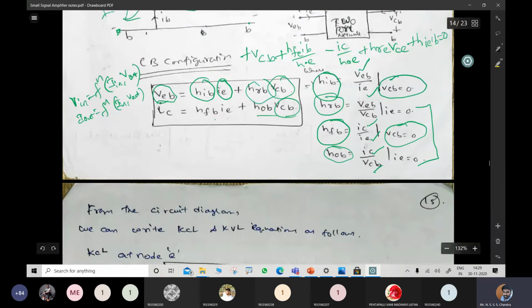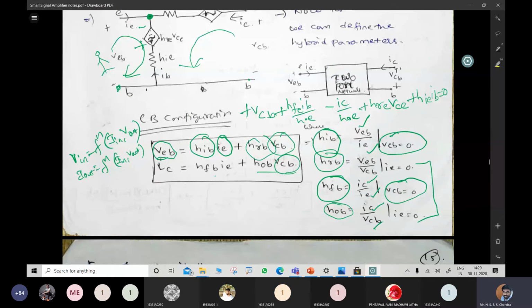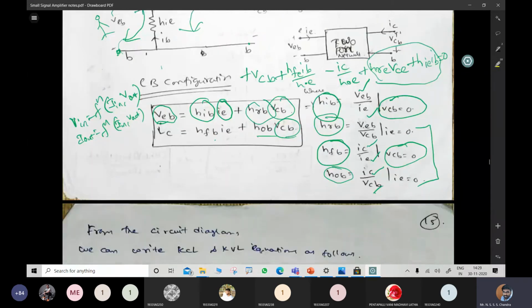Here, instead of writing these two things, we have written directly this voltage. So the voltage across these two terminals is your VEB, right? So we have directly written minus VEB over there.